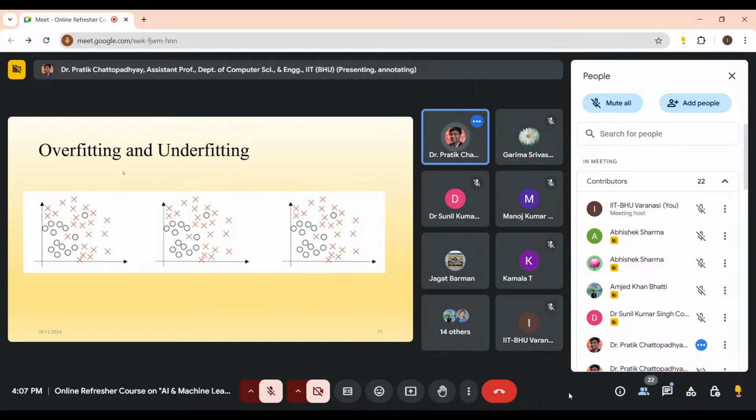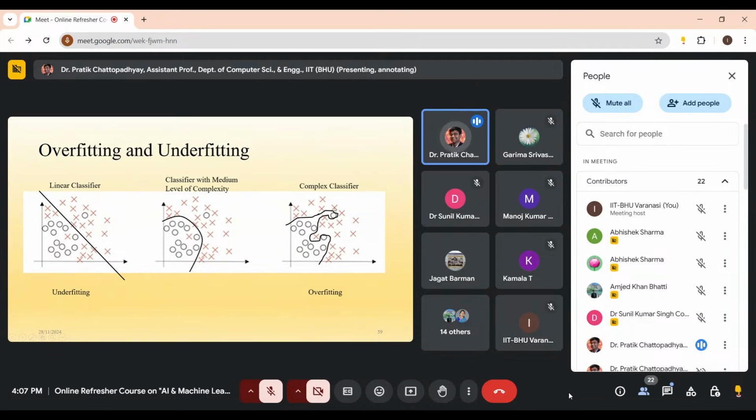Okay. So what happens if we have low bias? Consider this classification problem. We have some crosses representing one class, and circles represent another class. A very simple model, a single layer perceptron, fits a straight line. And a very complex model, a multi-layer perceptron with lots of layers, will fit this line, which classifies the training data very accurately.